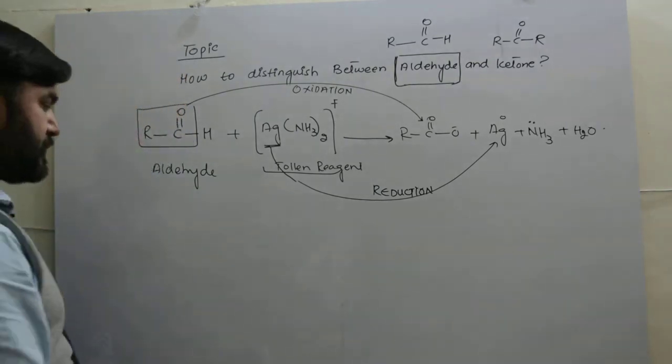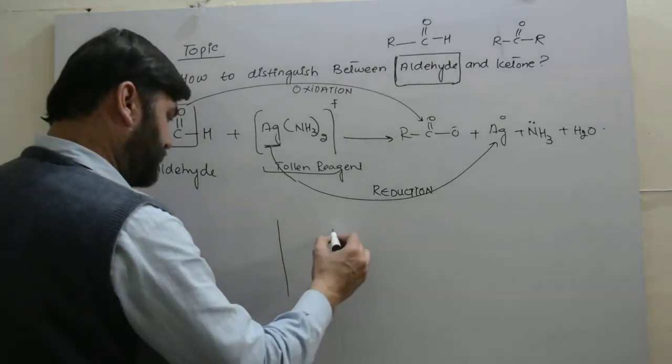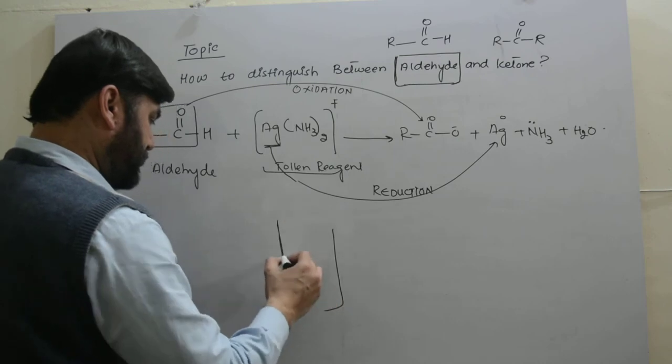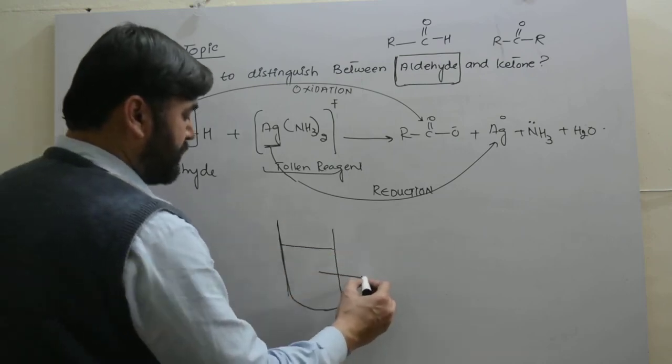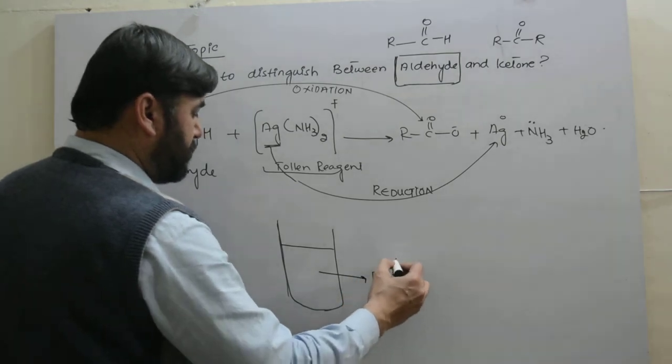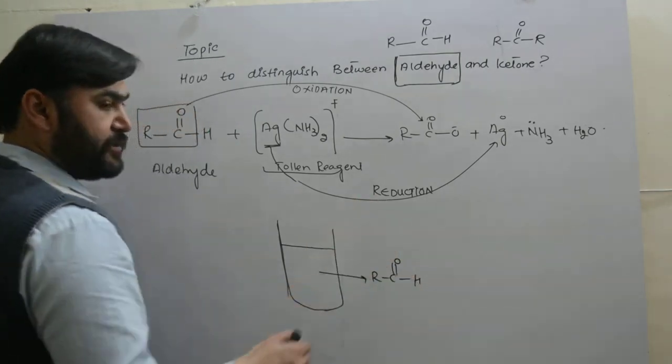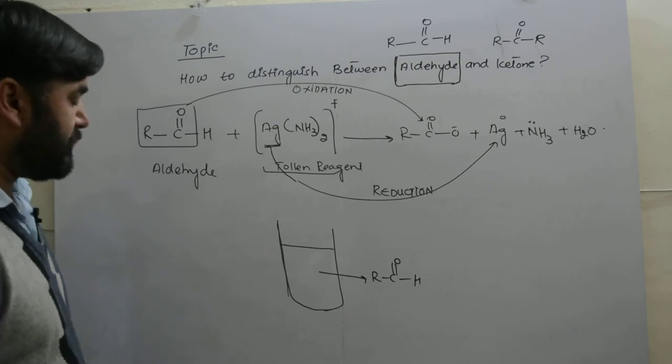Now, suppose there is a beaker, let us react it practically. There is only an aldehyde group present, RCHO, any aldehyde, whatsoever.